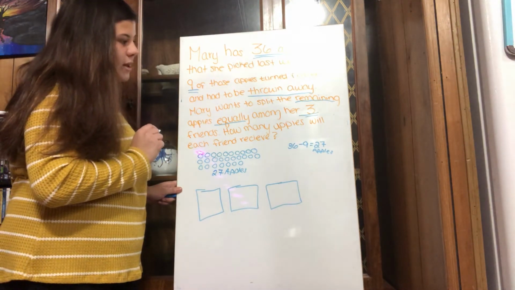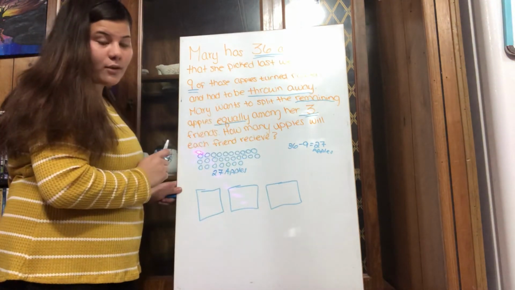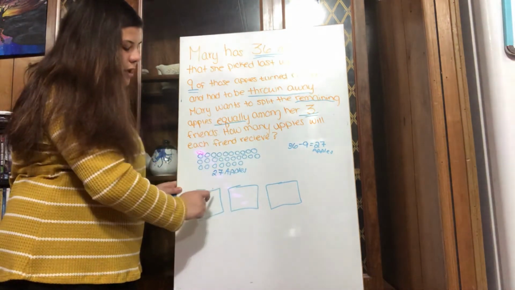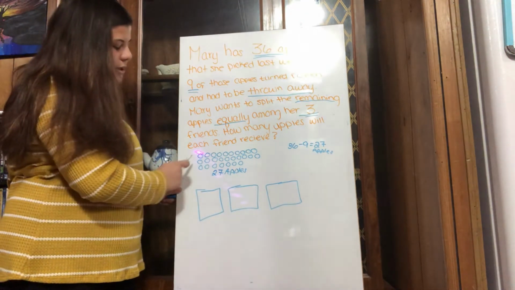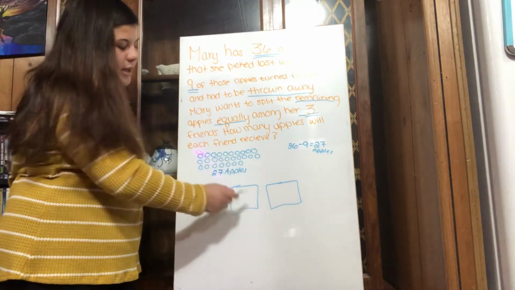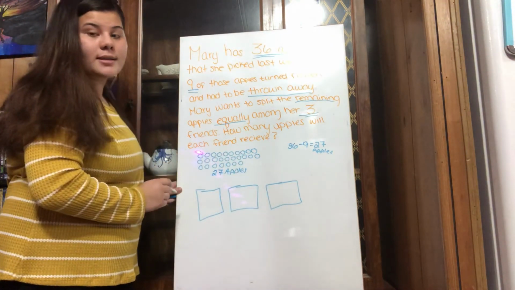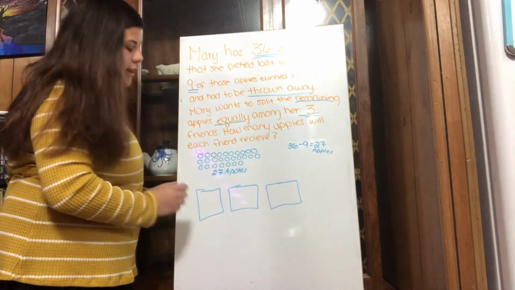And then they split the 27 apples that were left by the number of friends. So what I'm going to do is I'm going to put my 27 apples equally into each box that represents the 3 friends that Mary has.